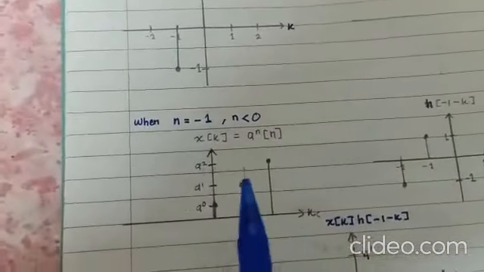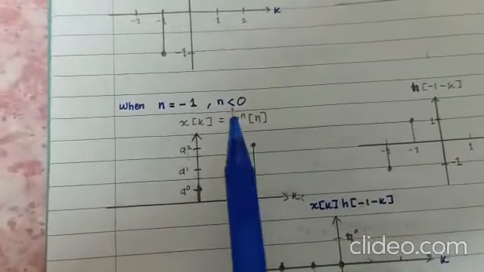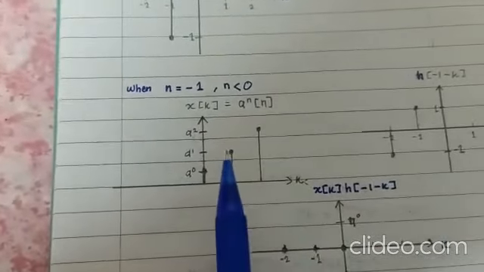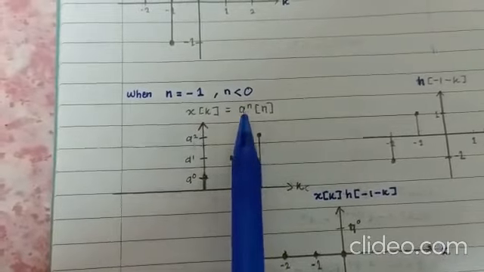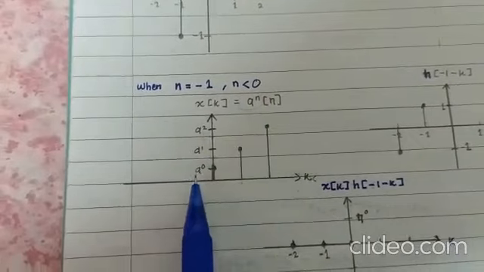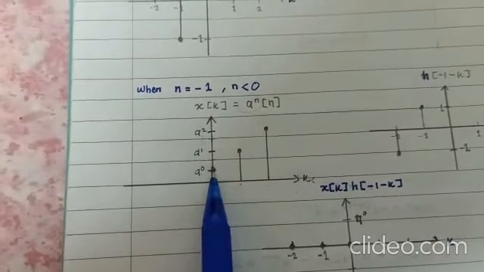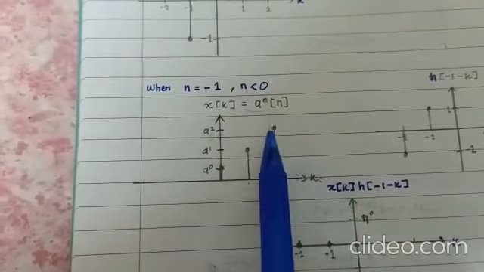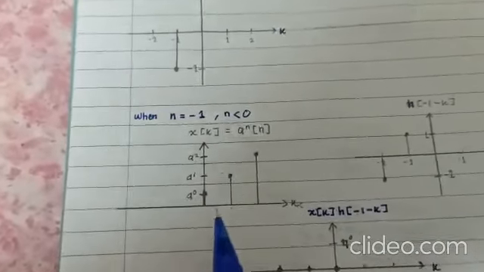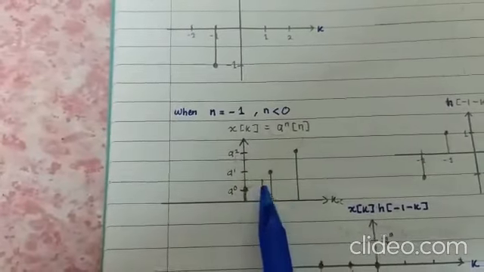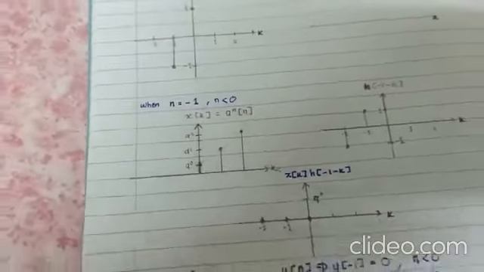Next we will need the xk graph, which is a^n. We know here that a^n is an exponential, so the exponential will slowly go up to a limit. So we can sketch a graph like this for xk.